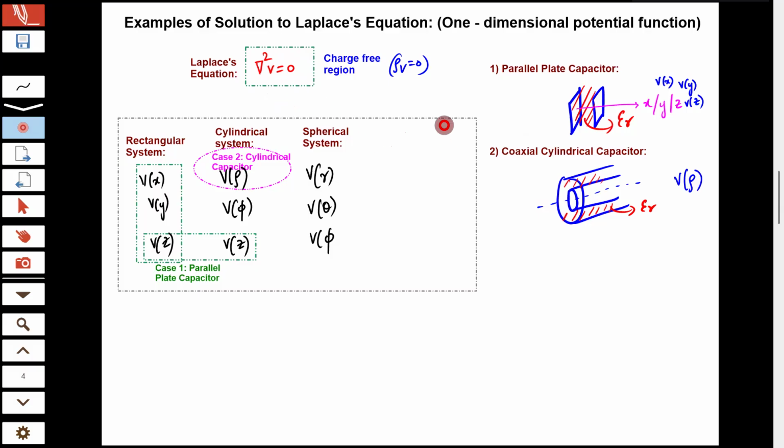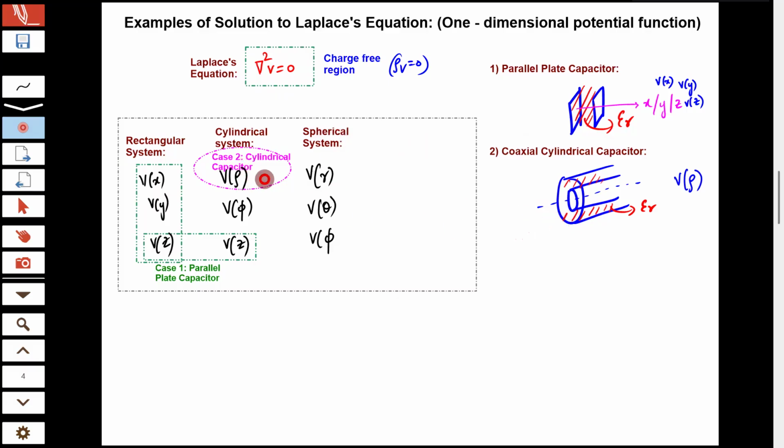When I take each example case, like the parallel plate capacitor or cylindrical capacitor, at that time we will see how to solve this with the boundary conditions.